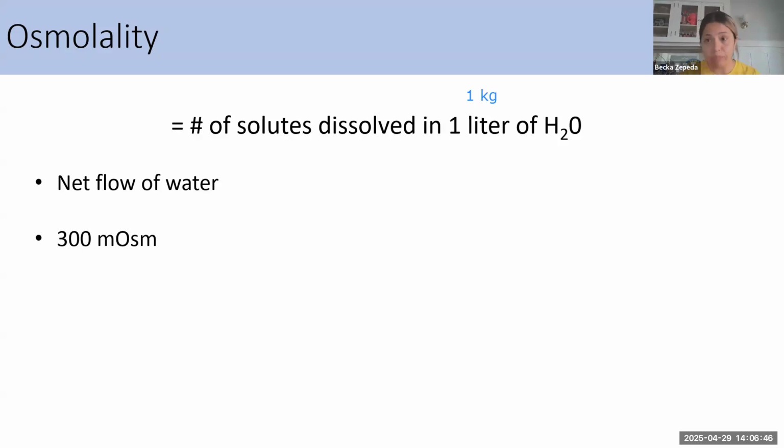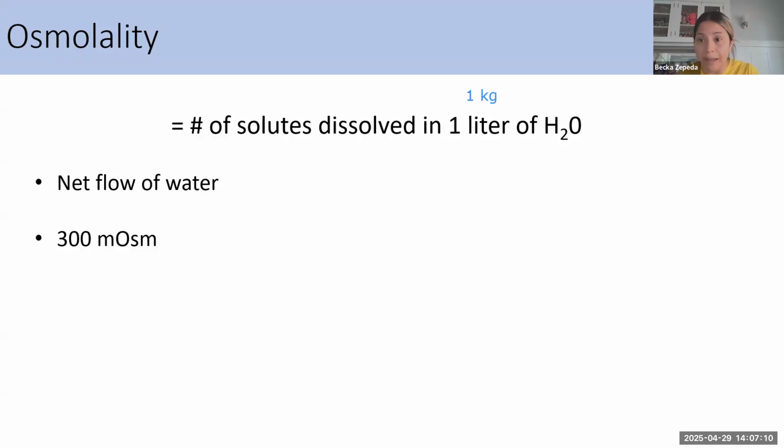We said that it's 140 milliequivalents per liter for sodium outside the cell, and 4 milliequivalents per liter of potassium outside the cell. So in that interstitial fluid, if we added up all of the solutes, including sodium and potassium, we'll talk about calcium and protein and all of that as well in a second, all of those solutes will equal 300 milliosmoles.